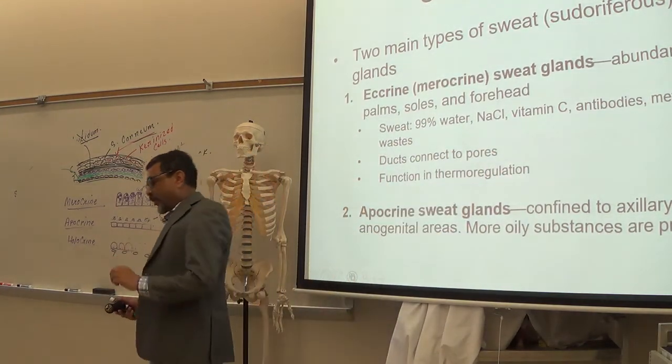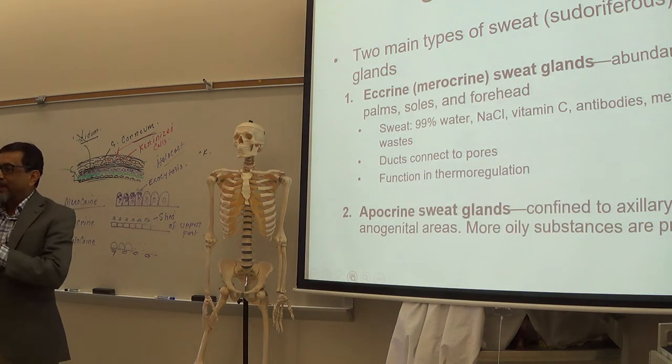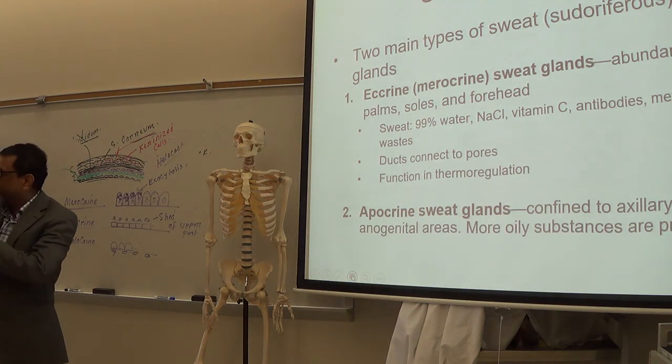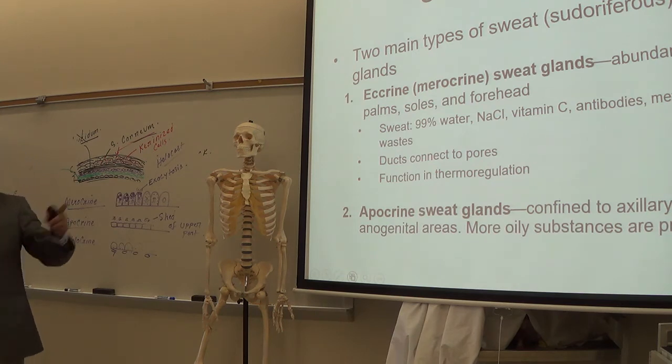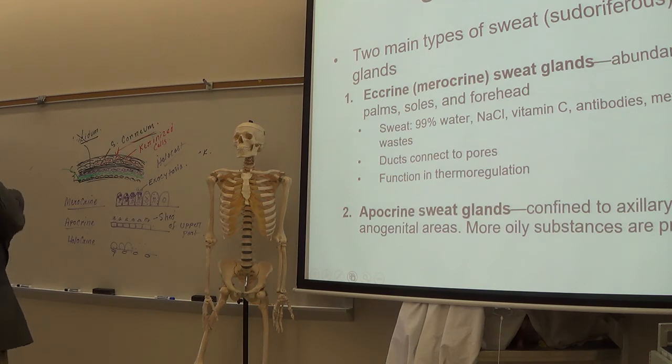This one is mainly water, right? So when it comes out, it lowers the body temperature. We know that water takes the heat out. So eccrine sweat gland is responsible for lowering the body temperature.